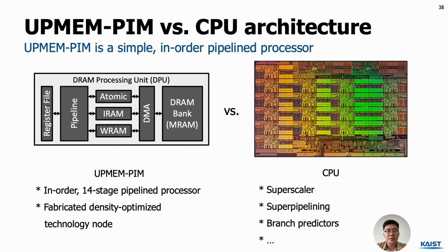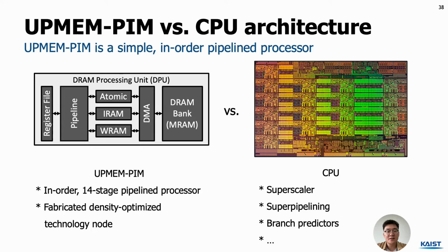Today's commercial PIM processors employ a simple in-order pipeline without any sophisticated microarchitectures to extract ILP for higher performance. For instance, they do not have superscalars, super pipelining, or fancy branch predictors. Such a wimpy PIM processor design point leaves significant performance left on the table, as conventionally memory-bound workloads now fall under the compute-bound regime with PIM.